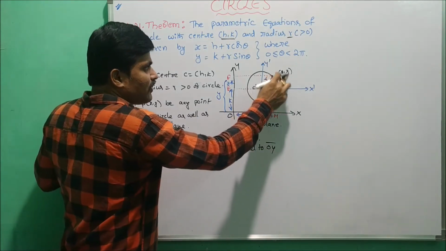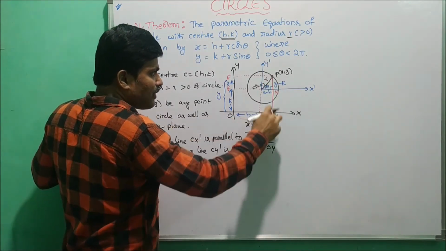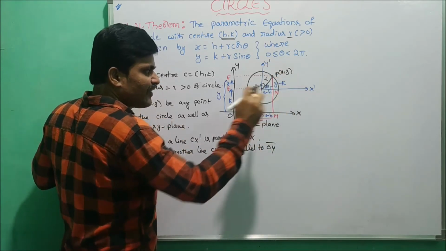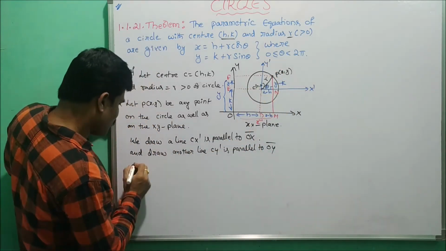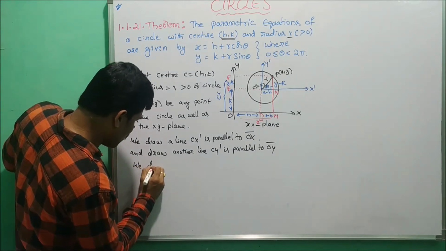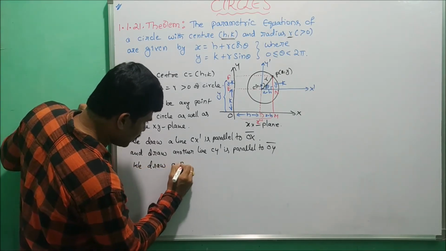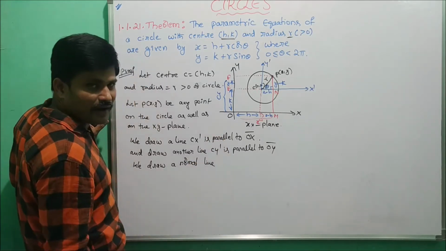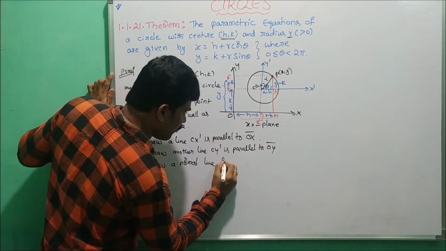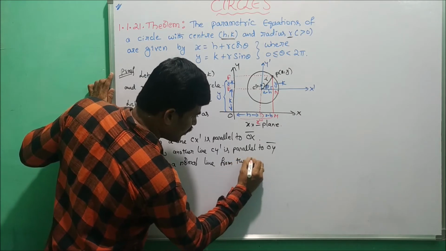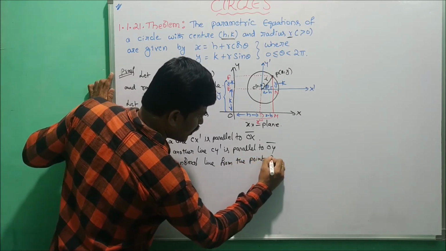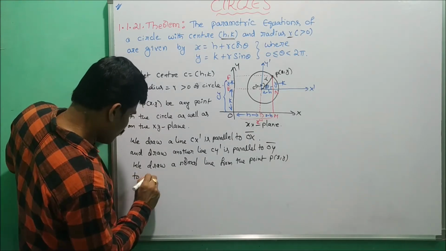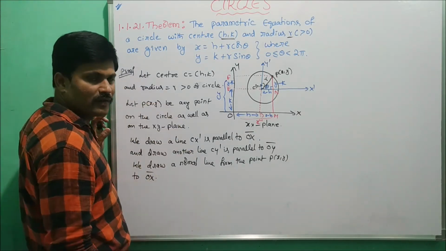And also we observe in the diagram, one normal line can be drawn from the point P(x, y) to the x-axis OX. We draw a normal line from the point P to OX.